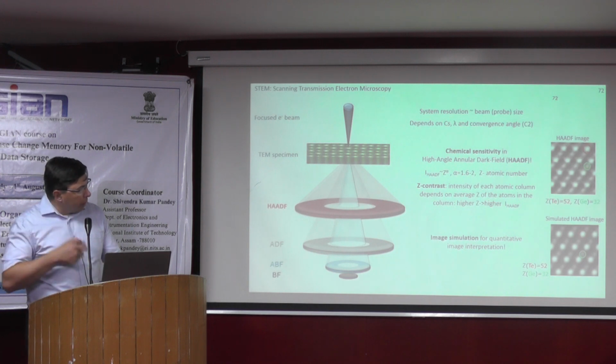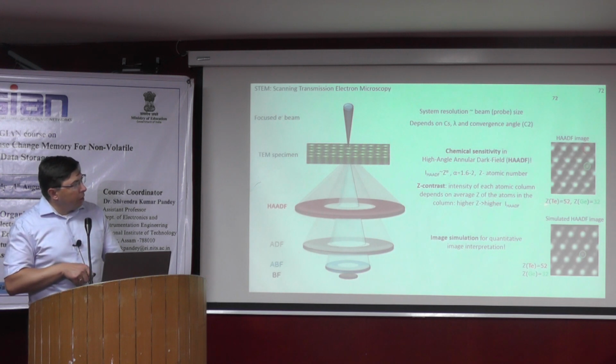If you look at germanium telluride, the atomic number of germanium is 32 and of tellurium 55, so we have bright atomic columns coming from tellurium, and these atomic columns which come from germanium.